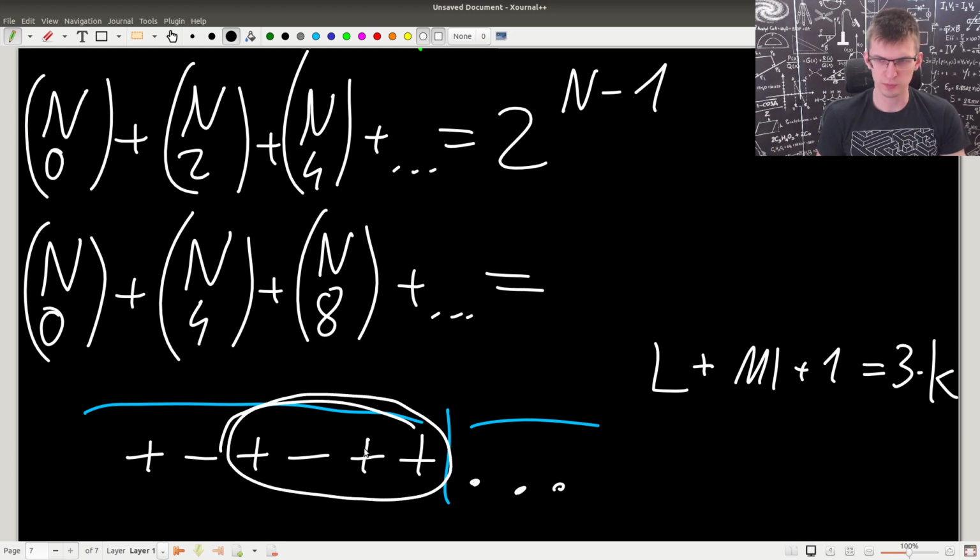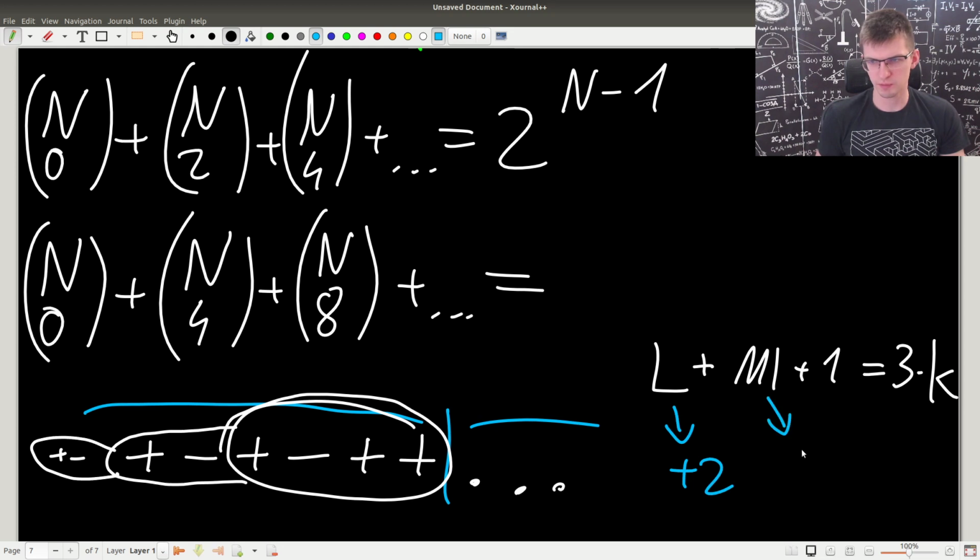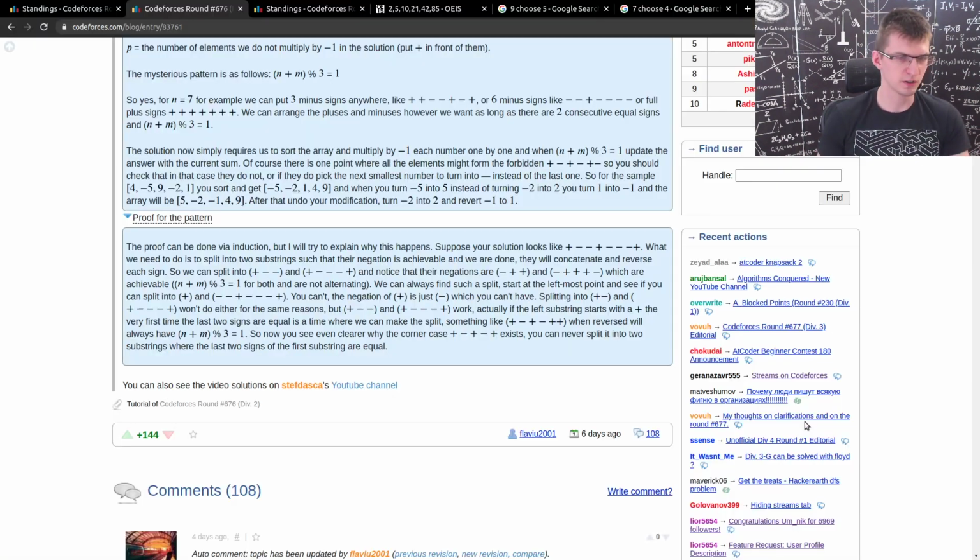It turns out 4 plus 1 plus 1 is divisible by 3, and if you add plus minus on the left, it's still true, because you increase length by 2 and you increase the number of minuses by 1. The divisibility by 3 holds.